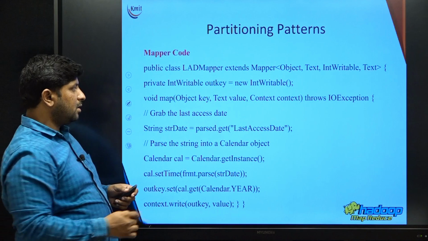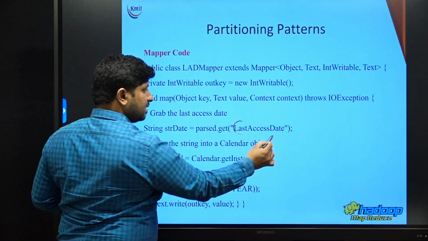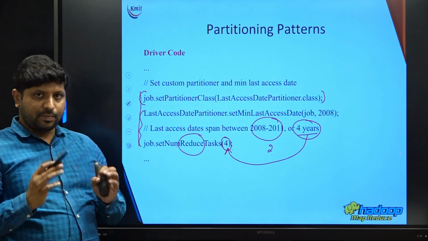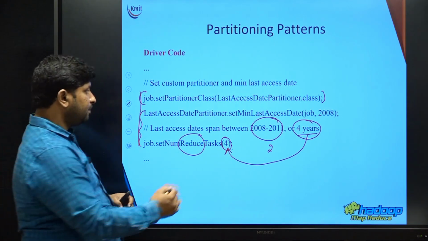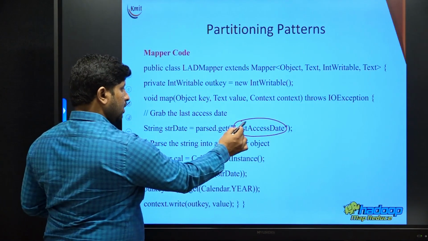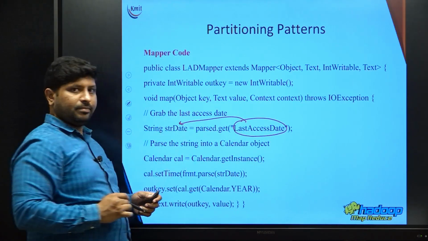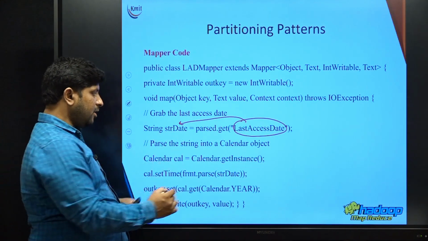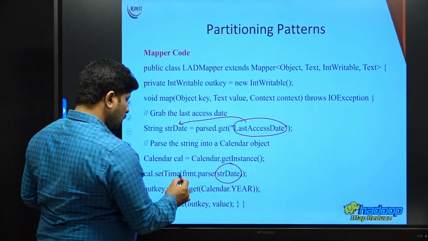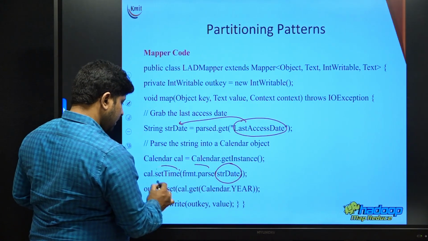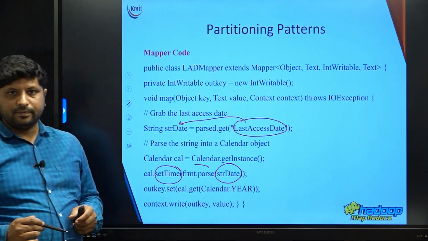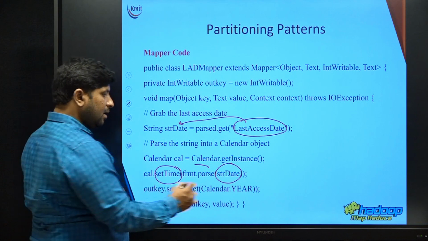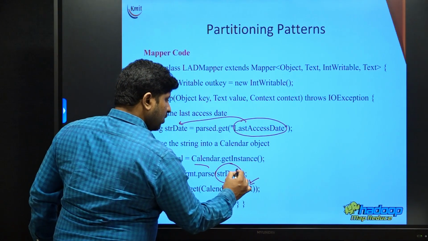Coming to the mapper class, we are going to retrieve the last access date from the data set. That is, when he last accessed the particular website or application, and it will be stored in a string date variable, and this string date variable is being passed to the calendar object, where it will retrieve the year according to the date.